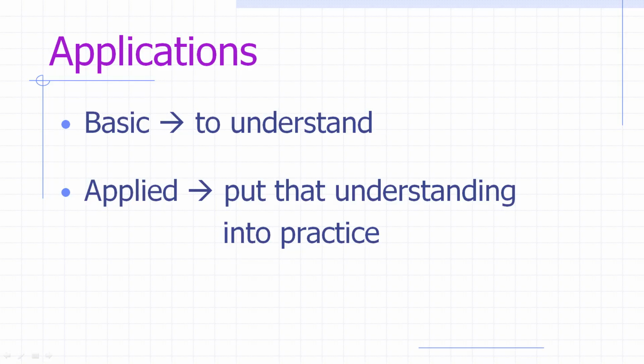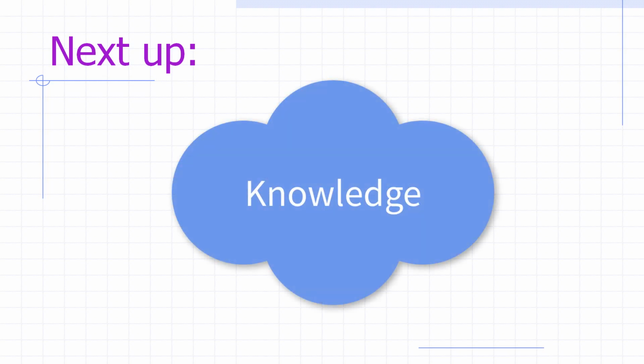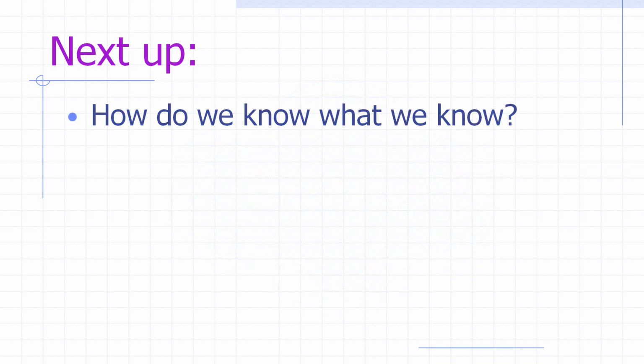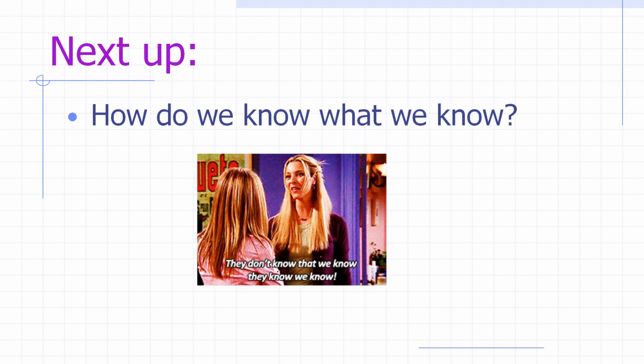So next up, we are going to focus on that word knowledge that was way back at the beginning of this video and answer the question of how do we know what we know? I know how it sounds, but I have a little GIF here of that Friends episode where they kept saying they don't know that we know they know we know.